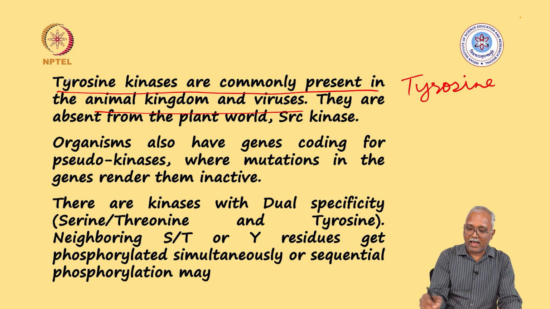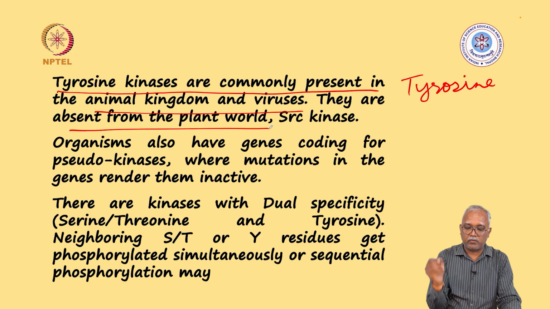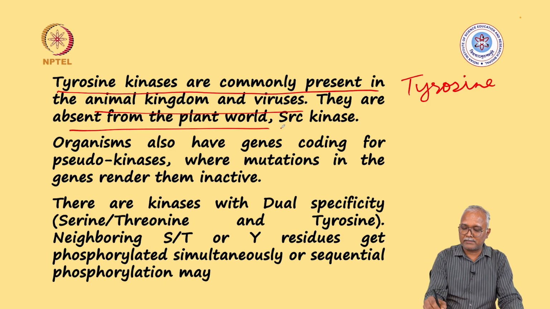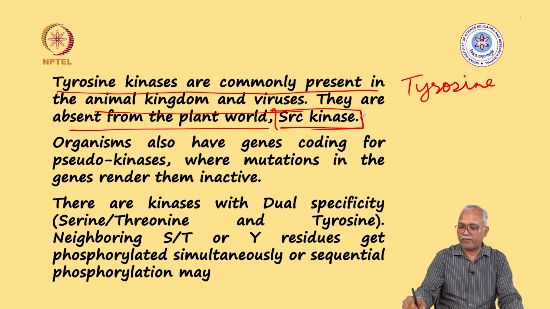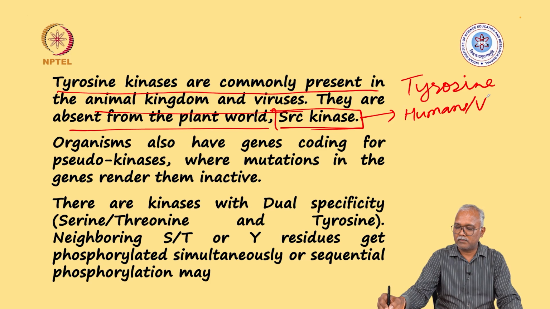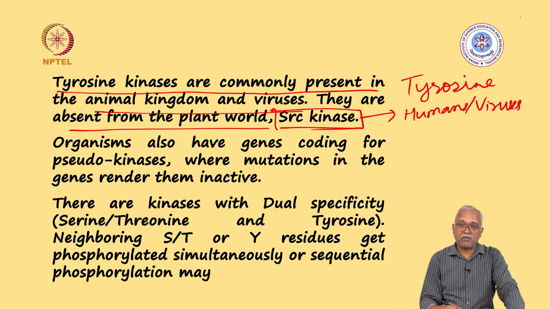Such kinases are absent from the plant world. An example of this tyrosine kinase is Src kinase, which is found in humans as well as viruses, and they can cause tumorigenic transformation when this Src kinase is active.